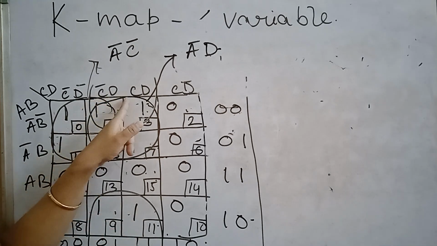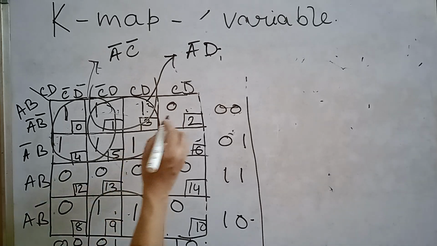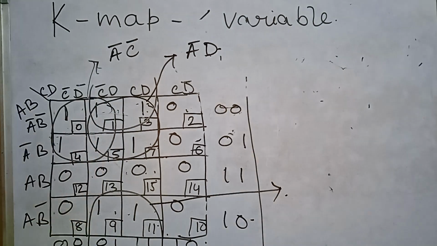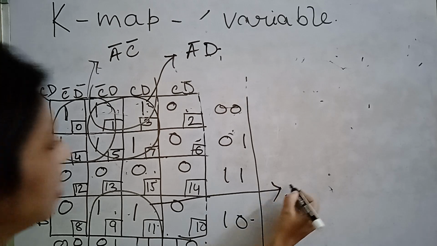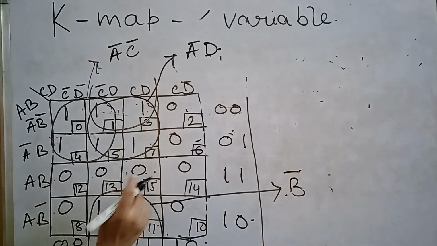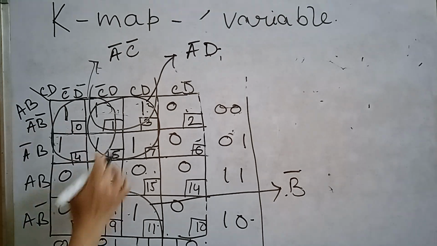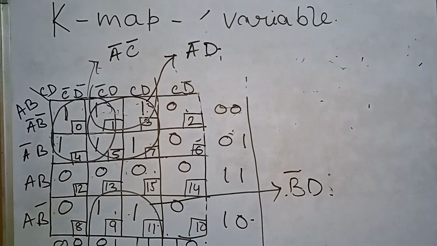C bar D, C D. So D is common. So the expression for this group will be B bar from the rows and D from the columns. So B bar D.